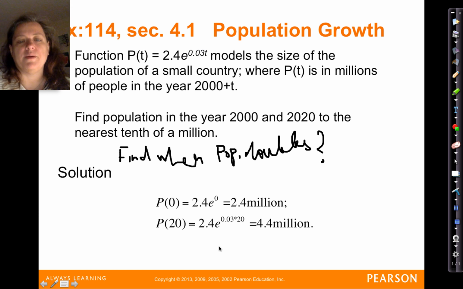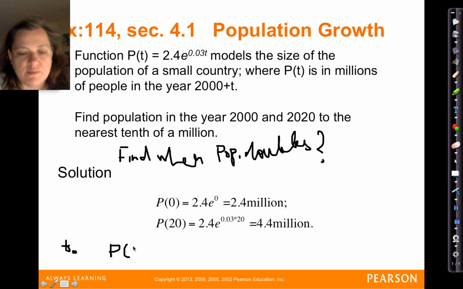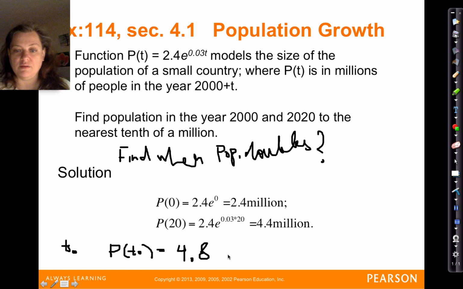So basically what I need is, I want to know the t such that P(t) is equal to twice what it was, so 4.8 million. How do I do this?